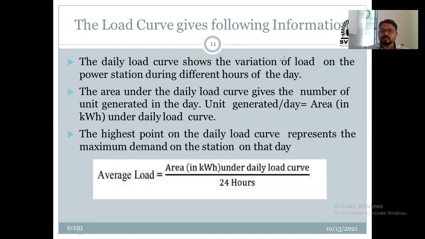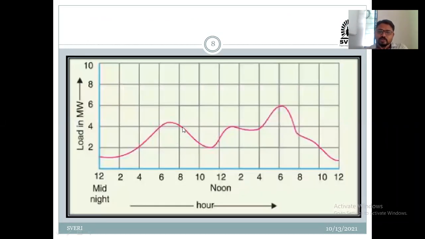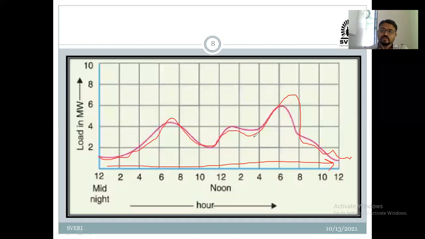We can cross check here. See, this is the load curve. What is it going to give us? This is the variation of load during different time intervals in a day. This information is given by the load curve. Why is the term variation of load used?